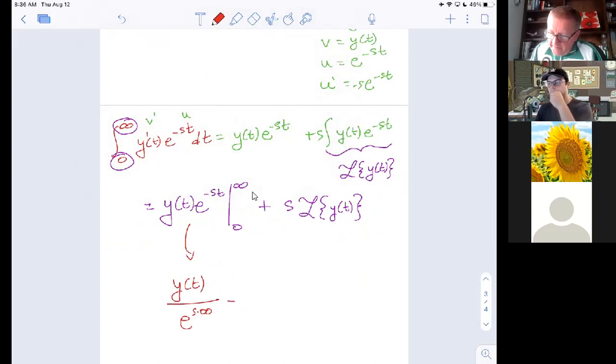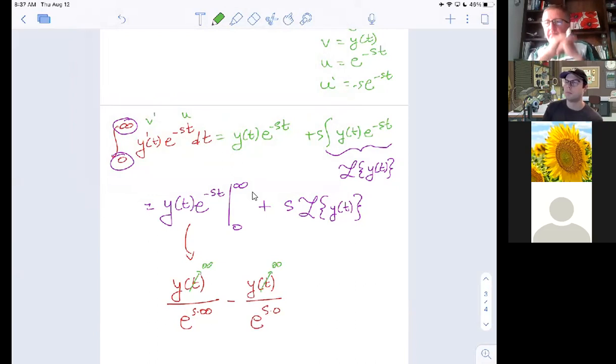And then it's always minus, and then I would get another y of t, except it would be over e to the s times 0. Now remember, we plugged infinity in for t, so doesn't that actually mean that these are infinity too? I'm sorry, the first one's infinity, this one's 0. Isn't that true?